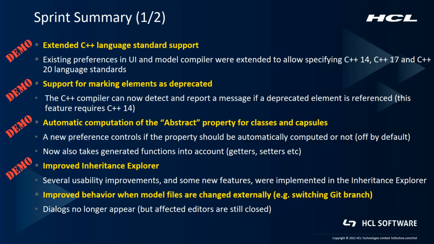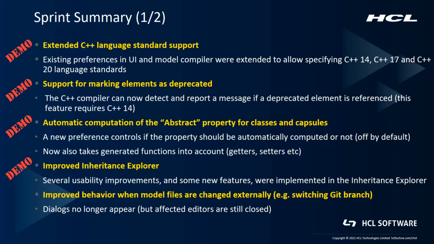In the last sprint demo, we demoed a new feature about automatically computing the abstract property for classes and capsules. We have continued to improve this a bit in this sprint. For example, the preference that you can set to control whether this should happen is now off by default, since we found out that it's most likely good to keep the old behavior for compatibility.